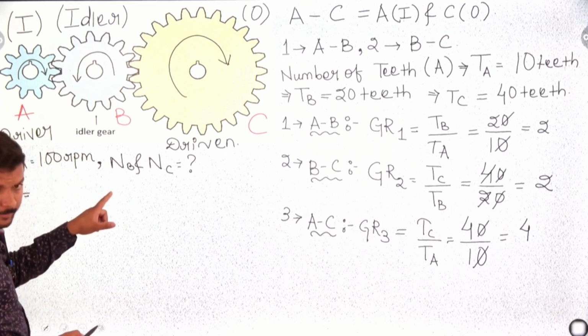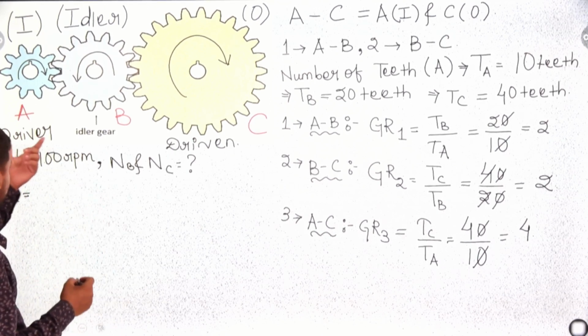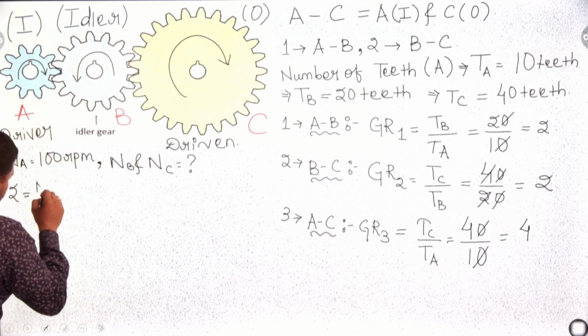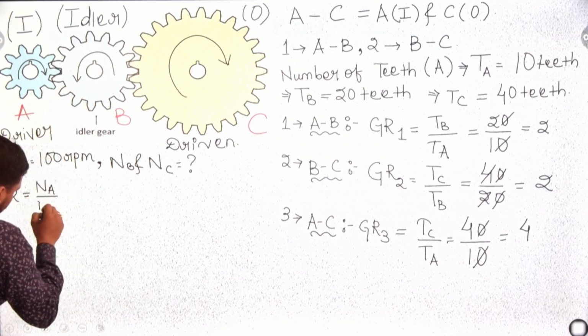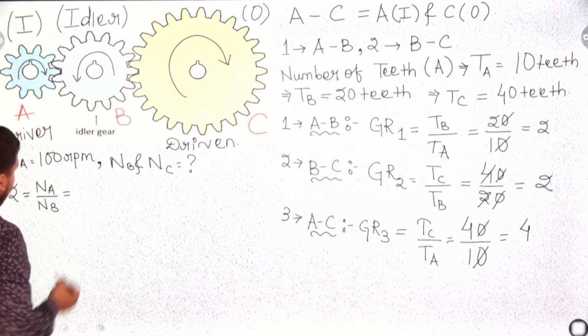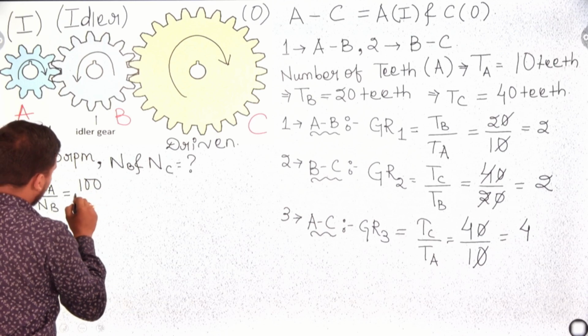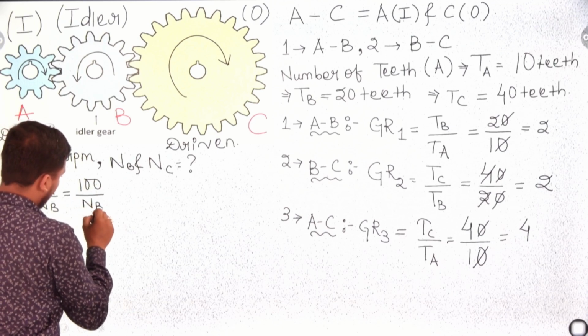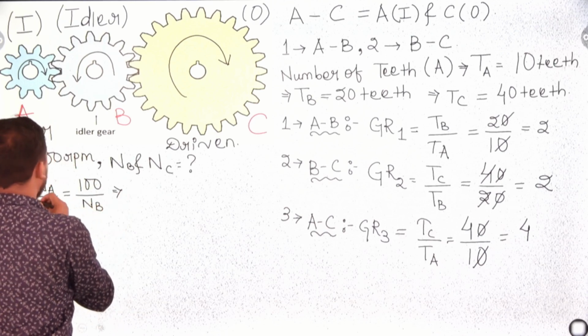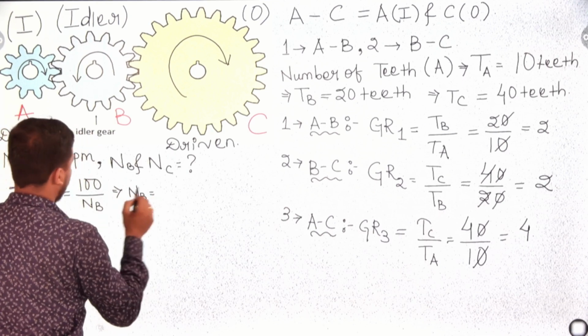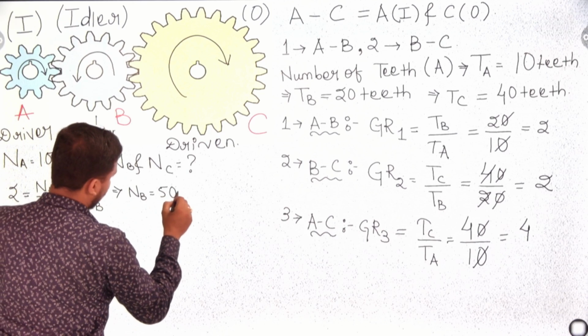So directly write down the gear ratio 2. The formula is: in the AB condition, if there is a speed, it will be the first gear speed by the second gear speed, that is NA by NB. NA is 100, and we are going to find NB. So NB becomes 50 RPM.